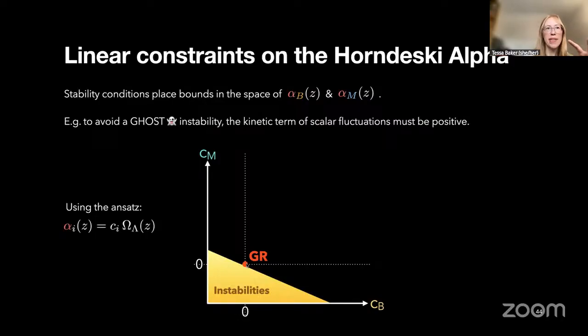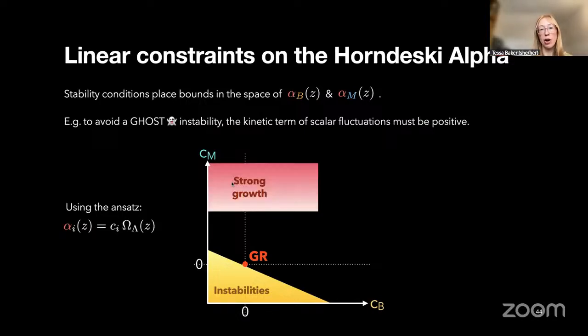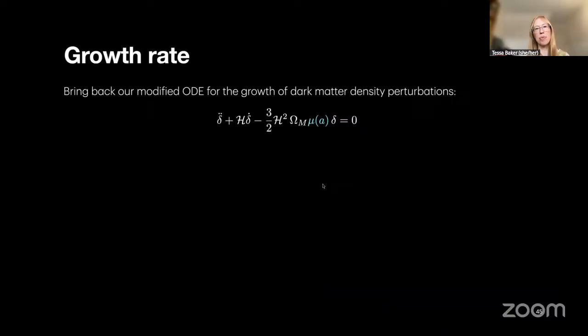There's going to be another sector that's ruled out, which is if this CM parameter is too large, and that's going to be ruled out by growth. So let's pick up an equation we had yesterday. We did a little bit of linear perturbation theory, and we arrived at this second order equation for dark matter density fluctuations.